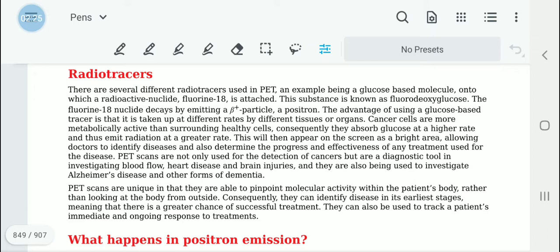Because cancer cells are more metabolically active, that is they are growing, and they have high energy requirements, they take in more glucose, and as a result, there would be more emission. So if we can observe that higher emission as a brighter region in the image, then we know that there is something to worry about.